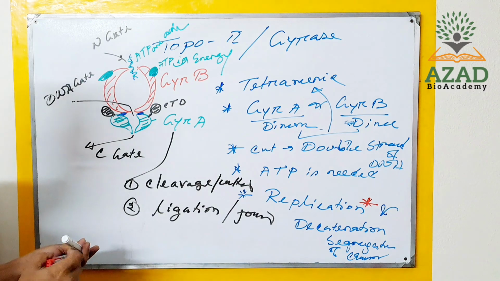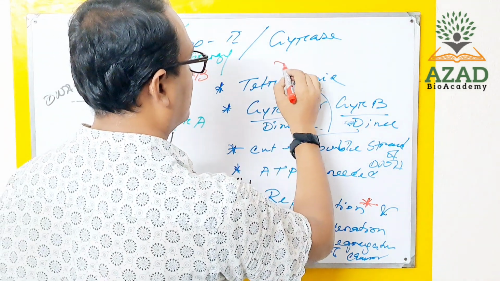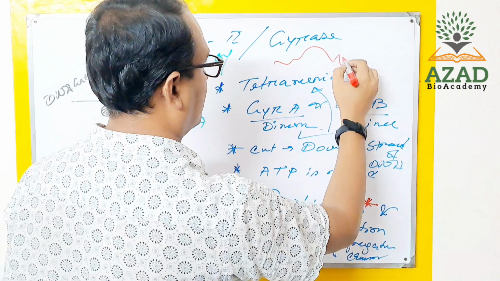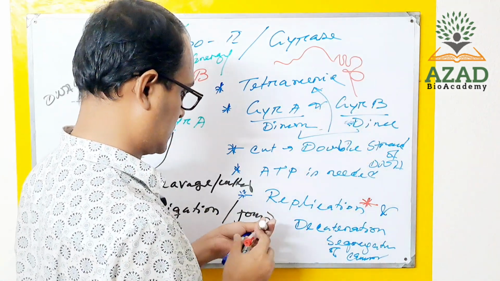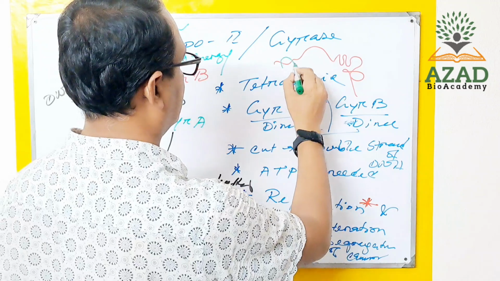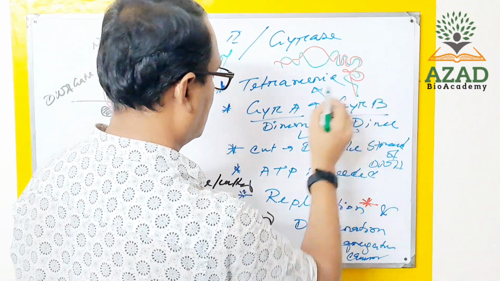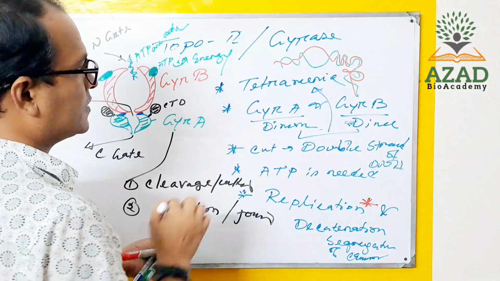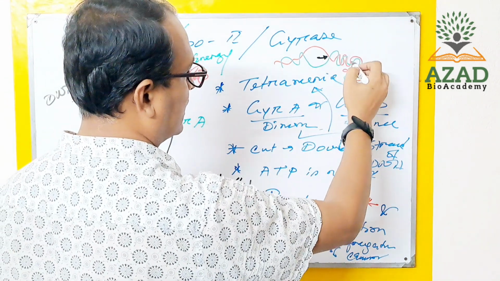That means, I will show you very roughly. So this is the replication fork, and this is the supercoiling.